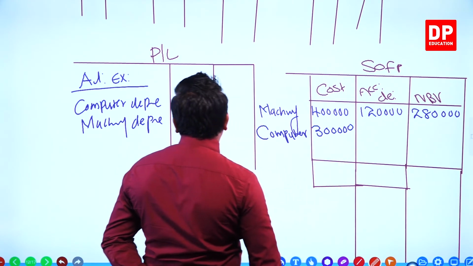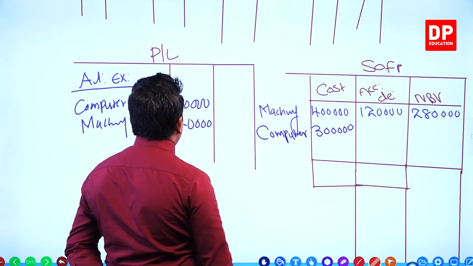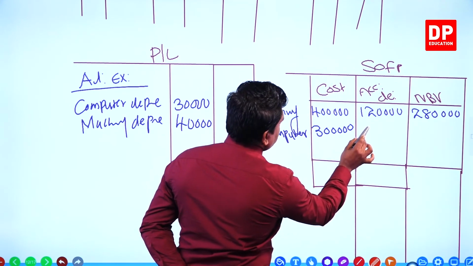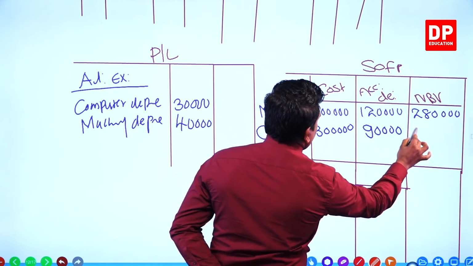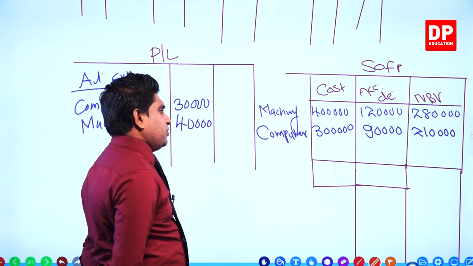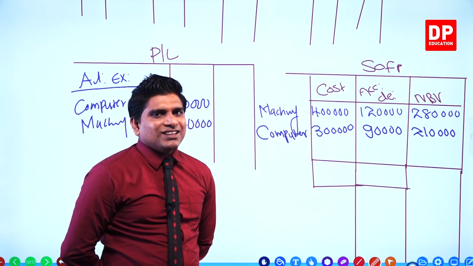Do you remember the accumulated depreciation? If not, the provision for depreciation account balance? Yes. This year 30,000, the previous 60,000, the total 90,000. Then how much? 210,000 is the value, right?